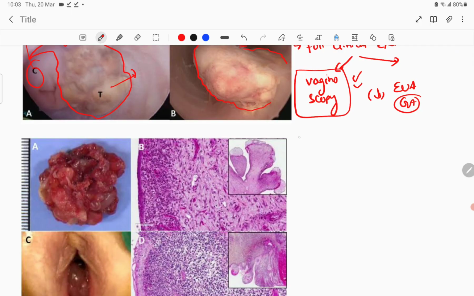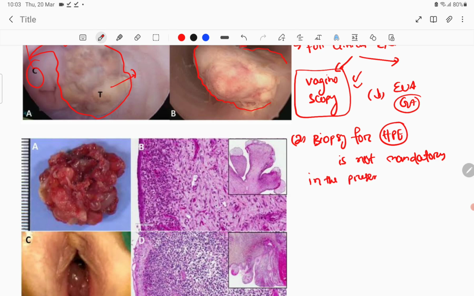Okay, and the second point is biopsy for histological confirmation. A very important statement is that biopsy for histopathological examination is not mandatory for the diagnosis, in the presence of a high alpha fetoprotein level.